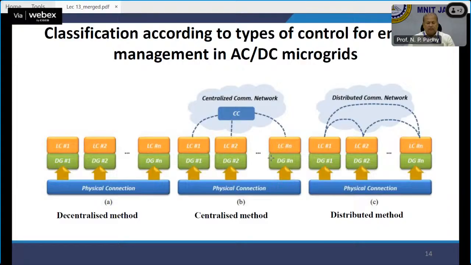In case of centralized, there is communication. And in case of distributed, we do have communication also, all right? But if you see, the centralized communication network connects to all three, but in case of distributed, there is no centralized control, but everyone is connected one to one.